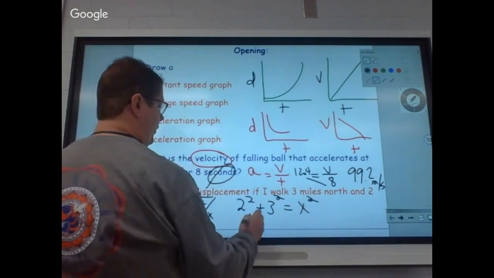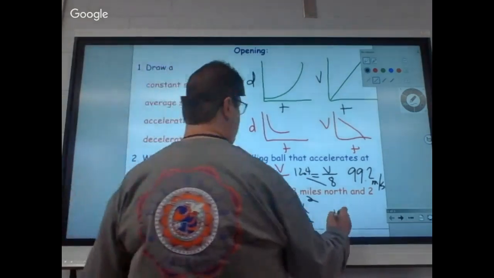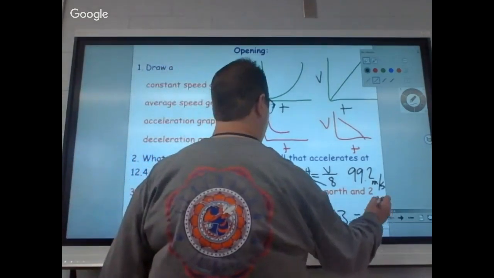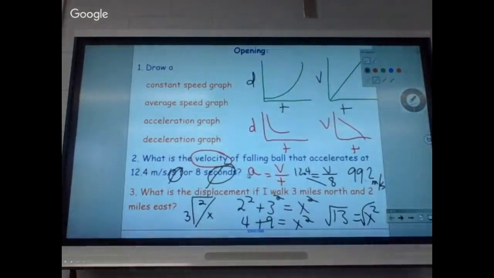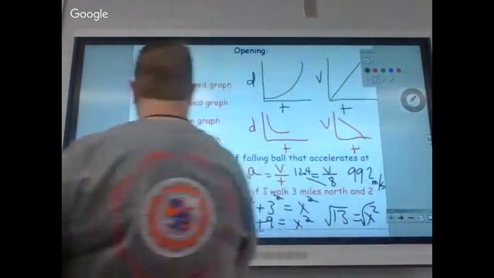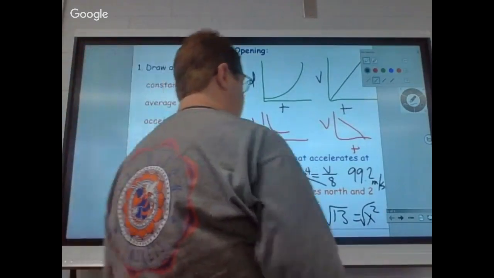So 4 plus 9 equals x squared. What's that, 13? Equals x squared. Square root of 13. What's the square root of 13? I got 3.6. Anybody else get that? So 3.6 miles.